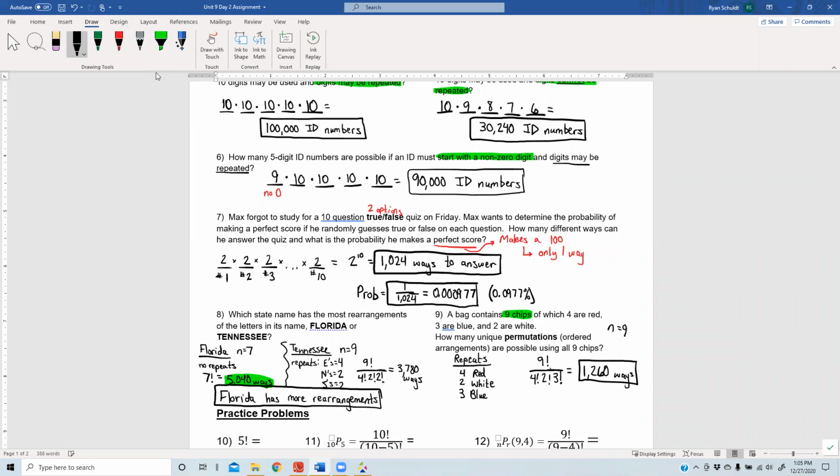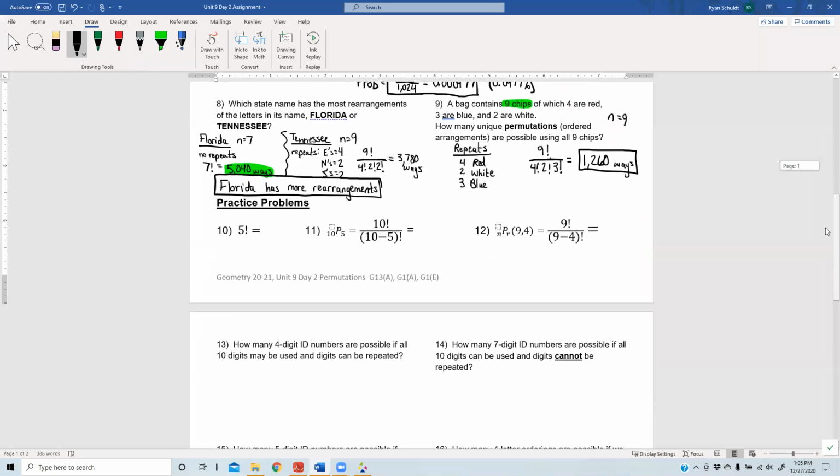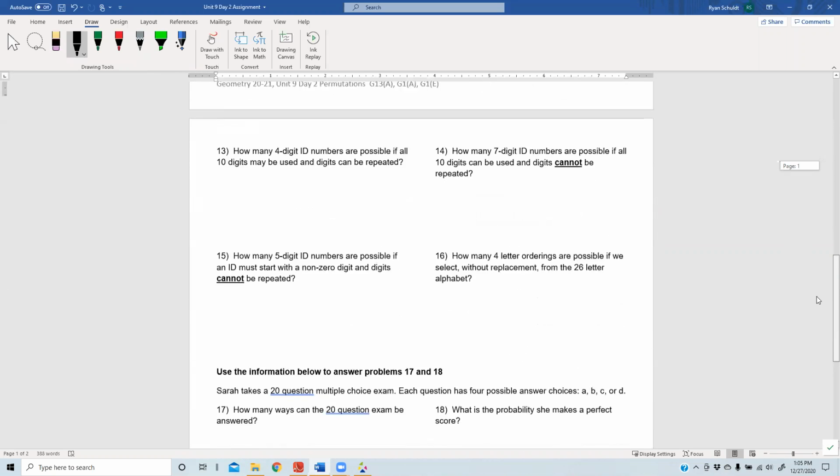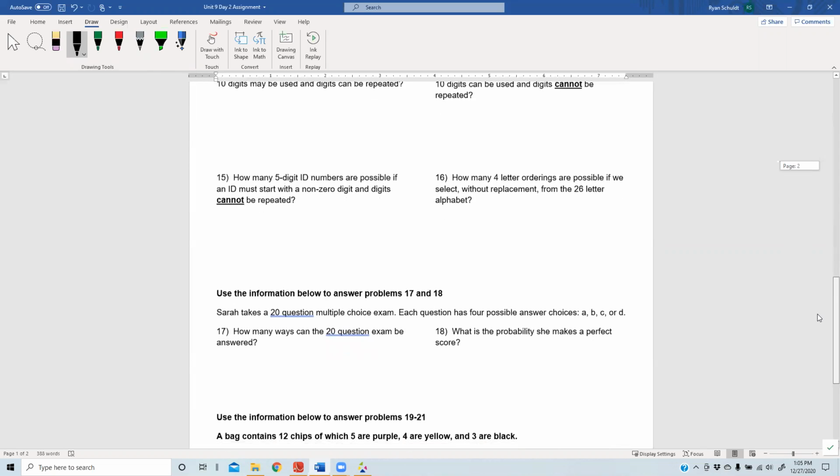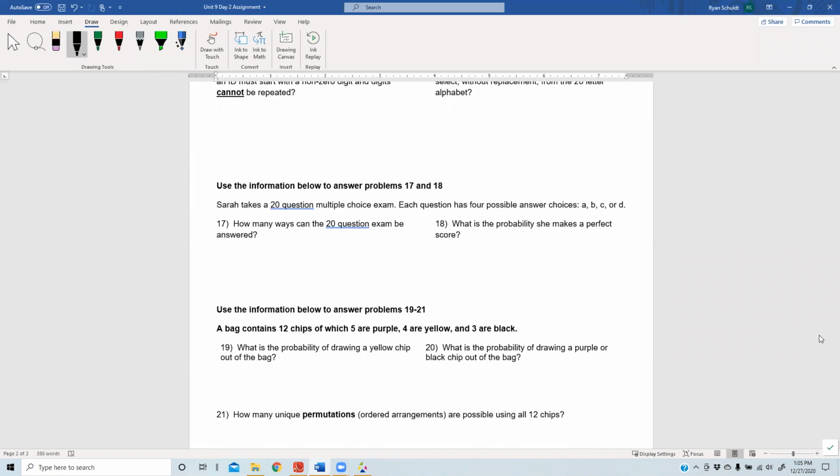Okay, so that's it for the guided practice. For the assignment, the questions are pretty similar to what we've been doing. The first 3 on the practice problems are just typing it in. Then you got some ID type questions. 17 and 18 are just like we did on the true false, except he has 20 multiple choice where you can answer A, B, C, or D. That's the only difference.